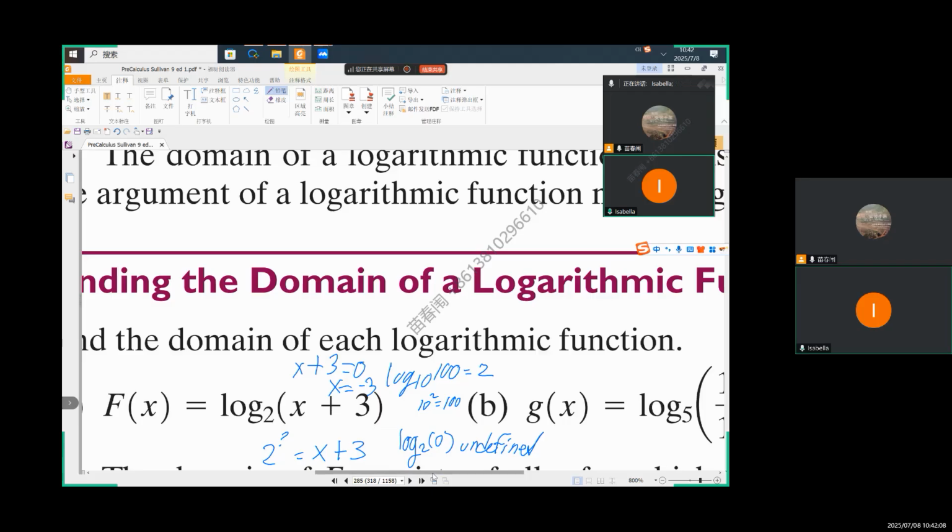Negative is also undefined, right? Which means, because in the basic function, when we did something like this, we always said this part has to be greater than 0, right? Whatever this part is, it has to be greater than 0, right?